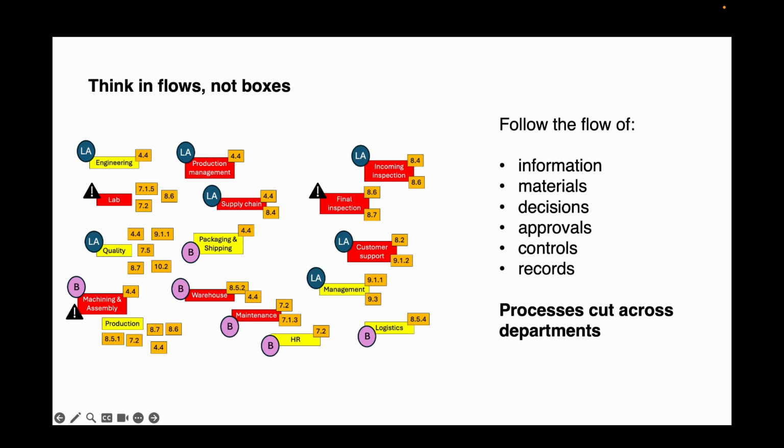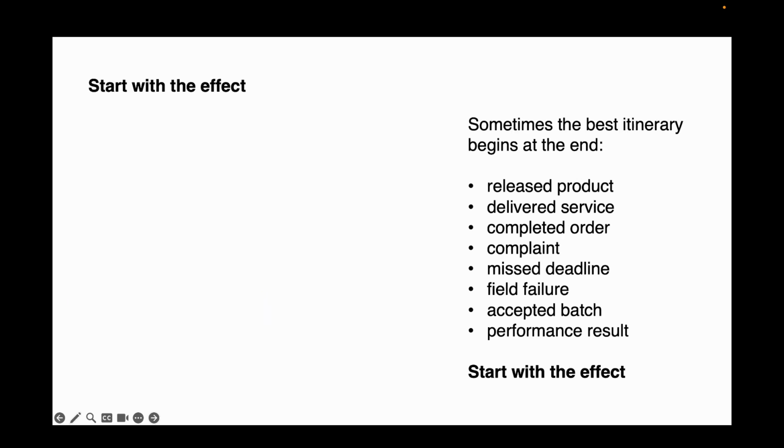Flow forward or flow backwards? This is a very good moment to introduce the backward flow approach. Sometimes the best itinerary begins at the end, not with the procedure, not with the organization chart, not with the opening explanation.